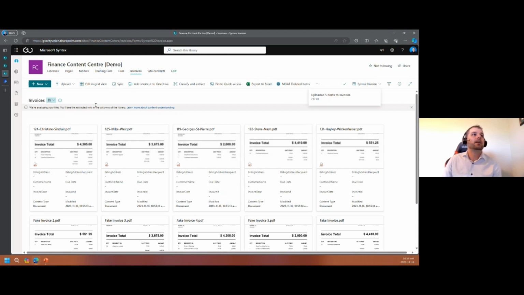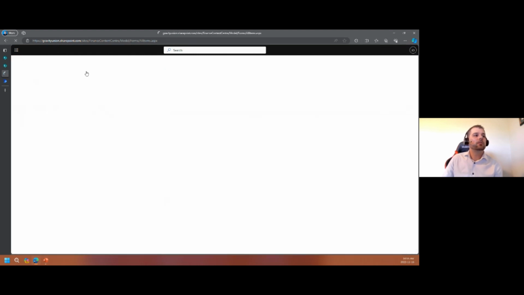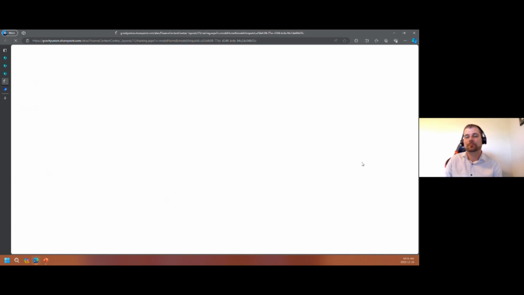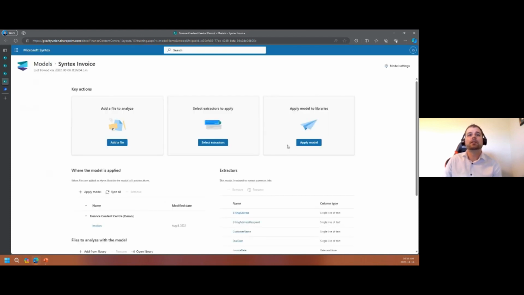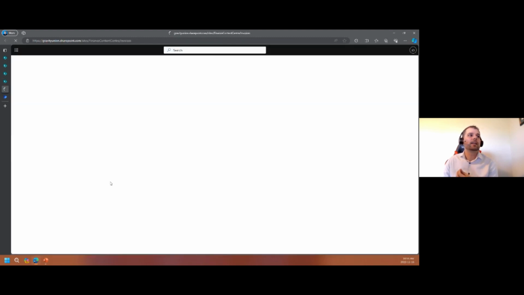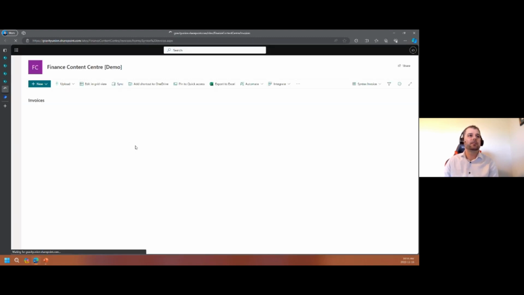It will take a minute, but as I go over, we can also apply records management on top of this. If I'm looking at this model, I am applying a retention label. If we want to layer on retention, it's nice and easy to do, so we can layer that in as we process and identify these documents.